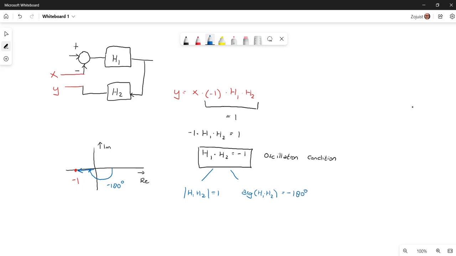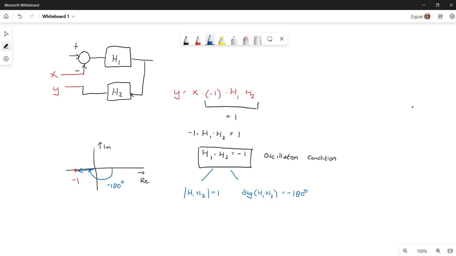So again, when we have signals which meet these conditions, so that the phase of the systems at that frequency is equal to minus 180 degrees, and the amplitude of all the systems in that feedback loop at that frequency is equal to 1, then the system is oscillating at that frequency.